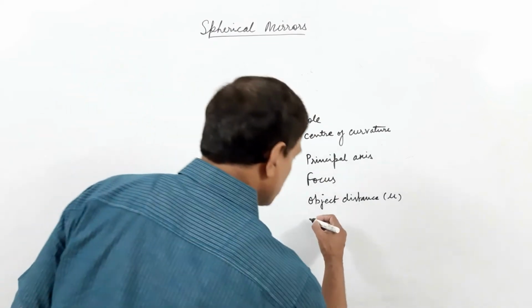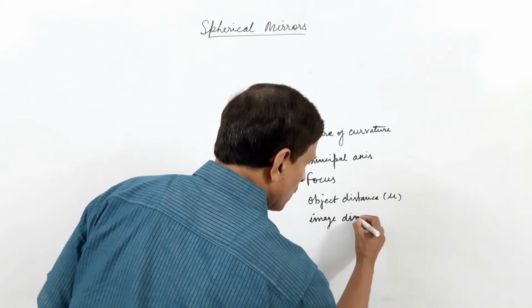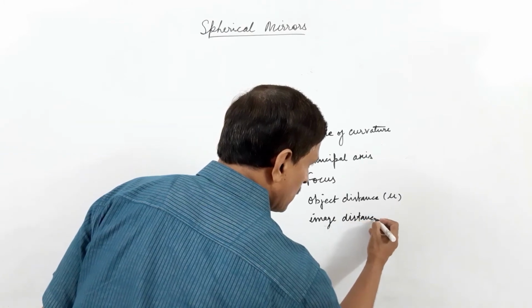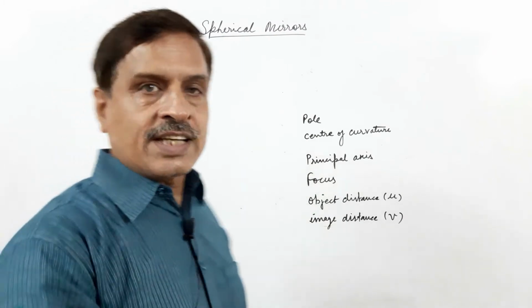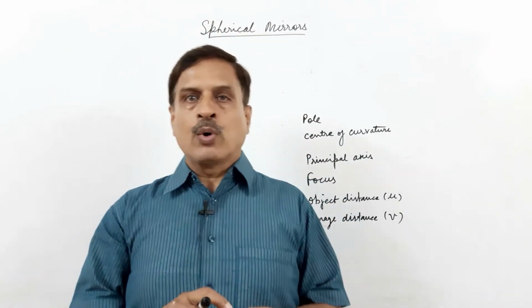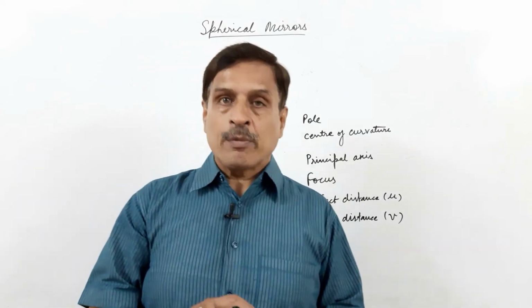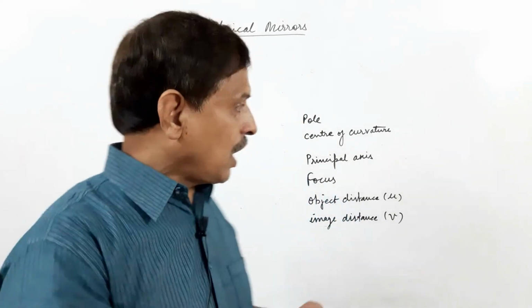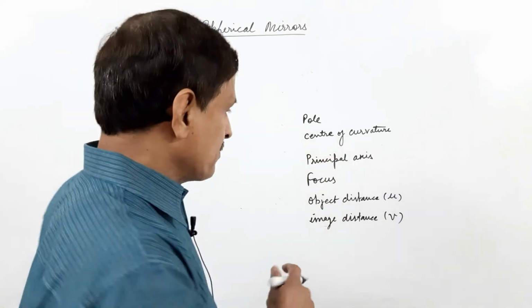Image distance, denoted by v, is the distance between the pole of the mirror and the point where the image is formed above or below the principal axis.